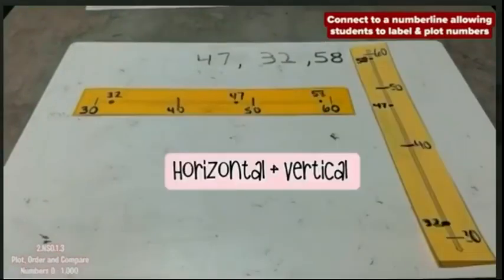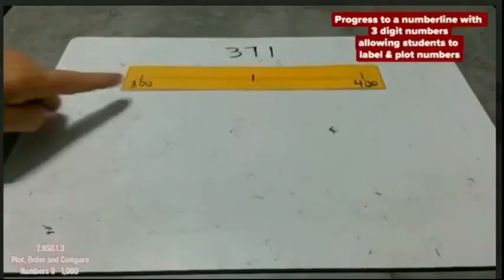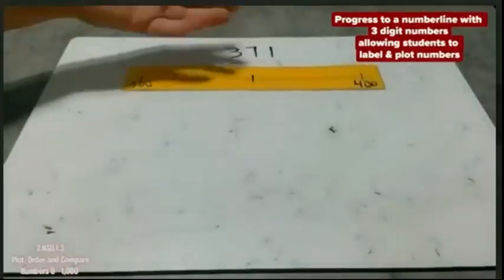All of these numbers can be found between 30 and 60, and using horizontal and vertical number lines is a great tool for students to understand least to greatest.